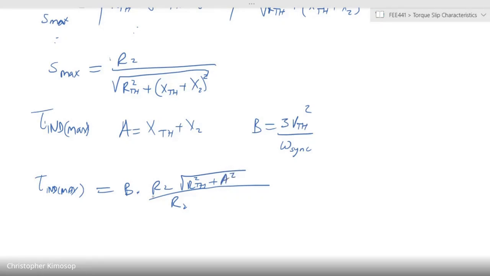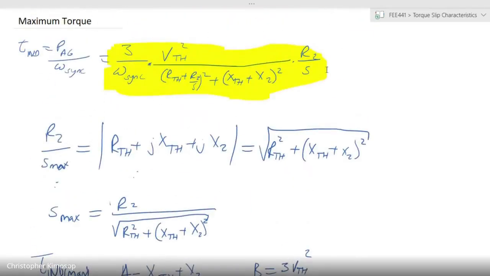R2 over S, which was coming from up here, right?